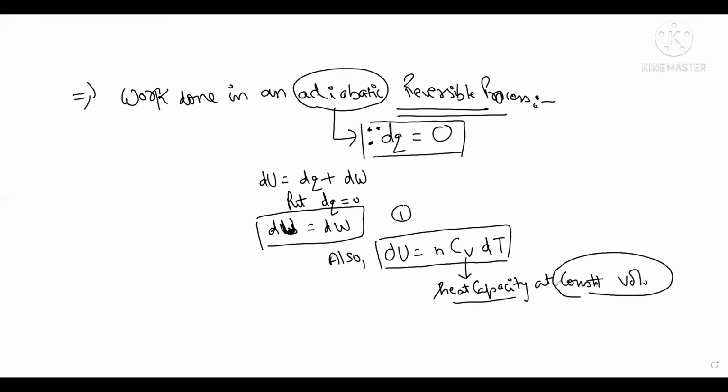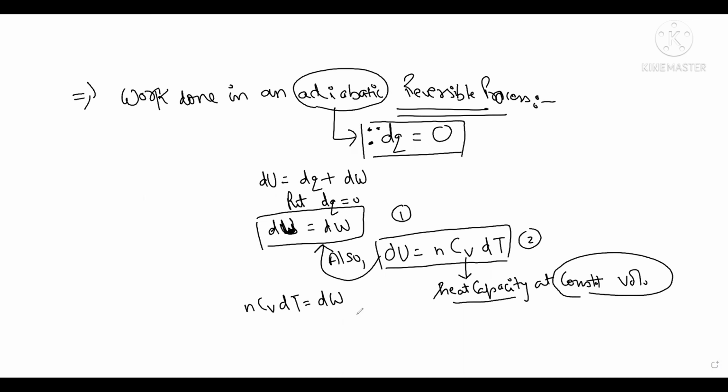If we remove the constant volume condition, then C is the symbol for heat capacity. Since we are talking at constant volume, C becomes Cv. Is it okay? So dU becomes equal to nCv dT, and we just have to put this second equation's value of dU in the first equation. So nCv dT becomes equal to dW.